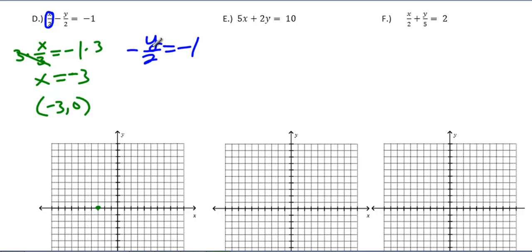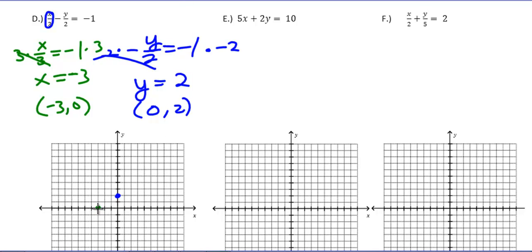And then again, we're dividing by 2, and remember that 2 is negative. So the opposite would be to multiply by negative 2. Whatever I do to one side, I'm going to do the exact same thing to the other. And we're going to end up with y equal to positive 2. So I have a point 0, 2, which is right here on the y-axis because it's a y-intercept.